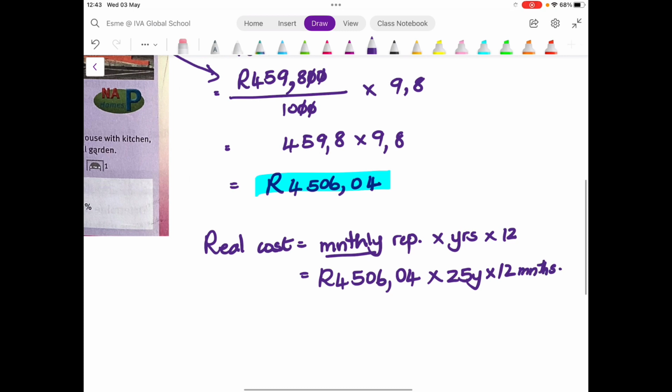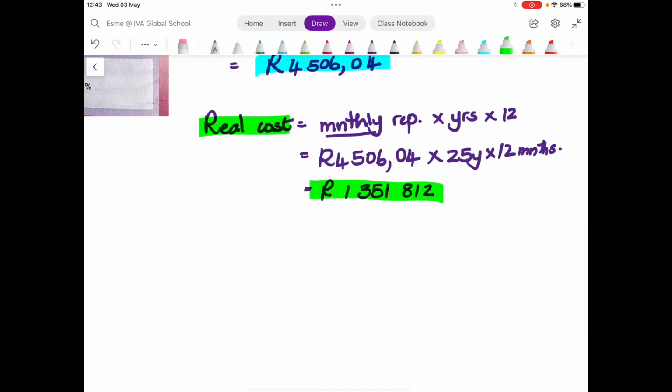And if I go and multiply that, I will get 1,351,812, and that is the real cost of the loan. So that is what you are going to be paying out.